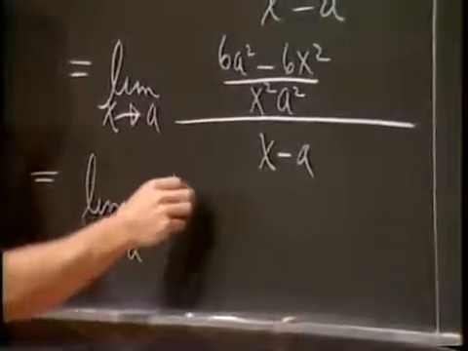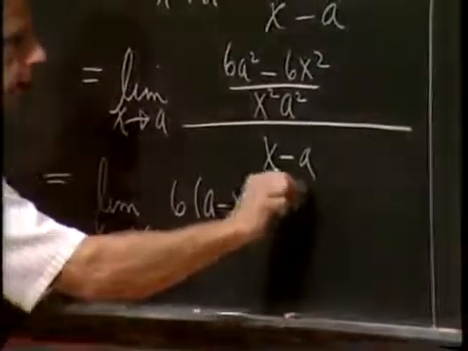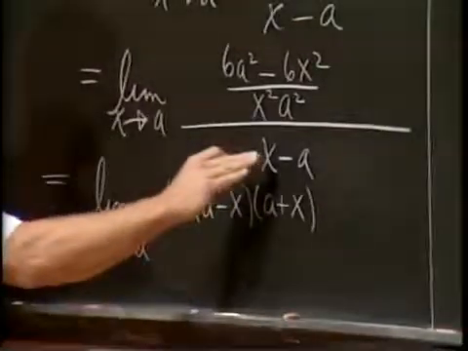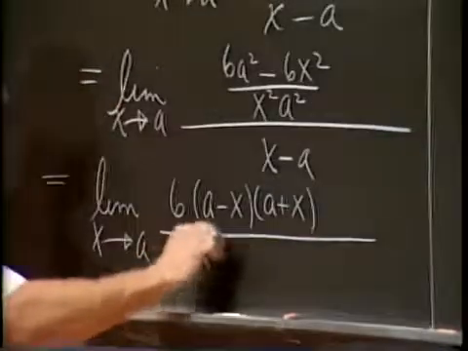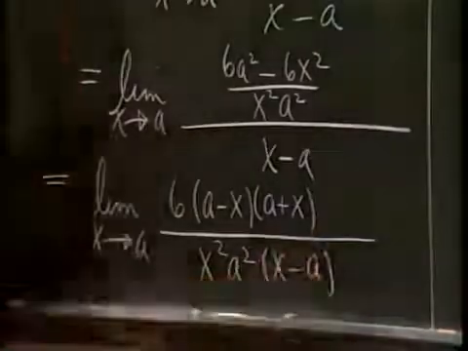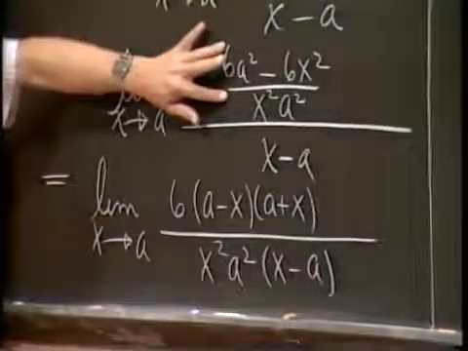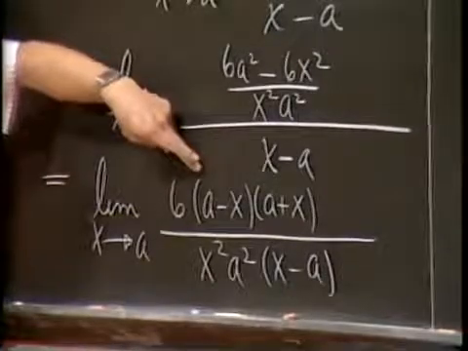Right, difference of two squares up there as well. So you've got an a minus x and an a plus x. And the way that I have the fraction right here, I could rewrite it maybe with just one bar, let's say. x squared, a squared, and also an x minus a.